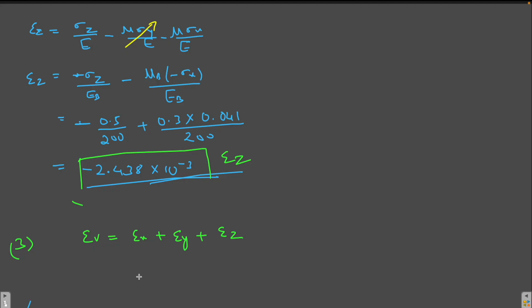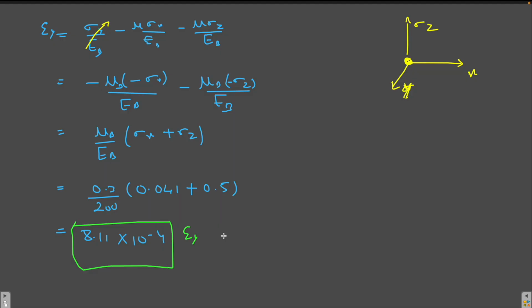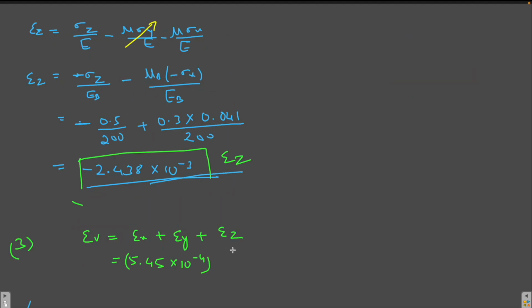Let's do that. 5.45 into 10 to the power minus 4 plus 8.11 into 10 to the power minus 4 plus 8.11 into 10 to the power minus 4, plus with a negative sign now, minus 2.438 into 10 to the power minus 3.